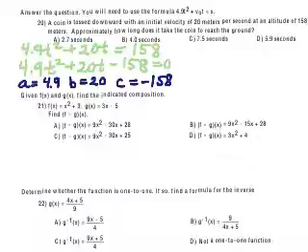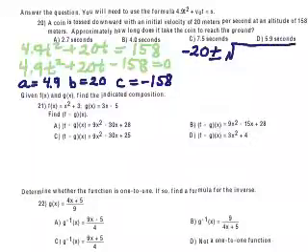So it's a negative b, which would be negative 20, plus or minus the square root of b squared, so it's 20 squared minus 4ac, so 4 times a, which is 4.9, and I ran out of room again.